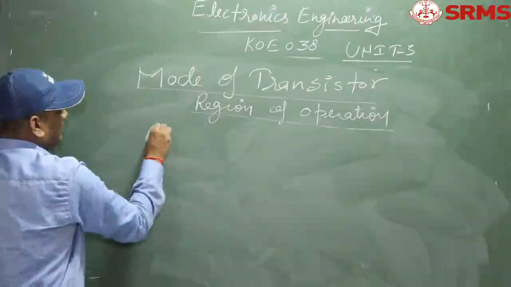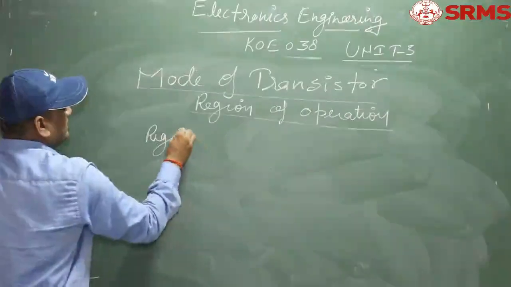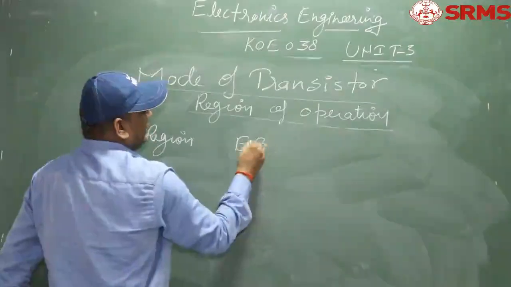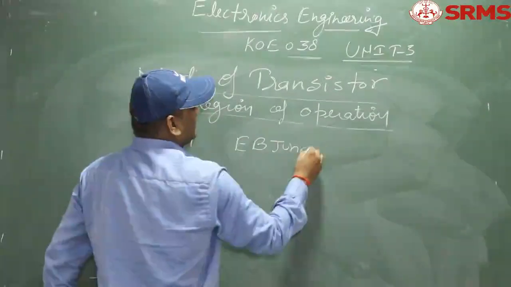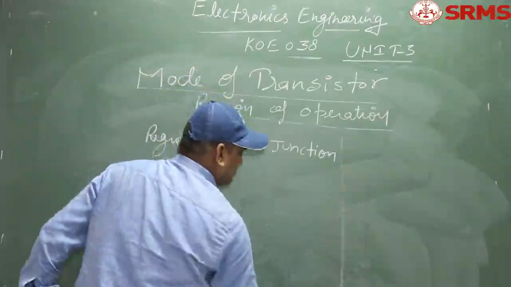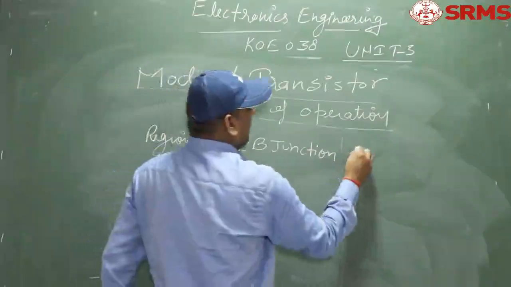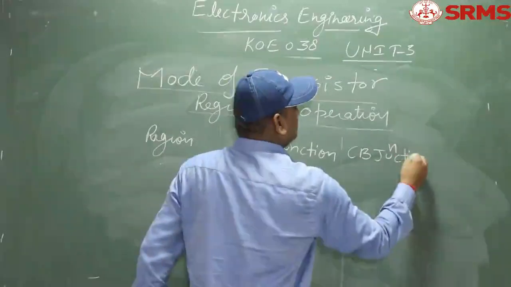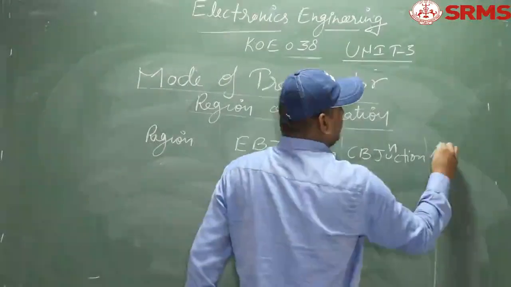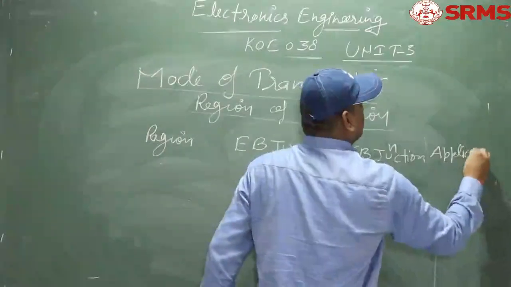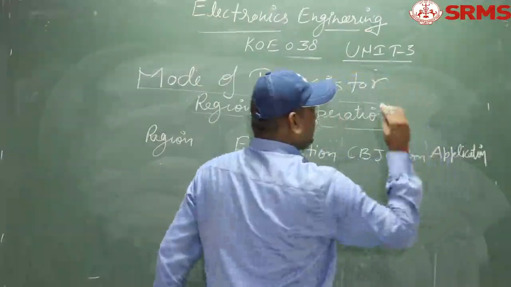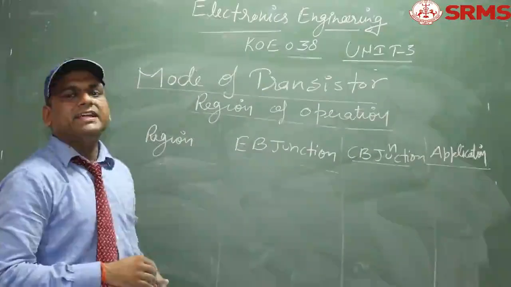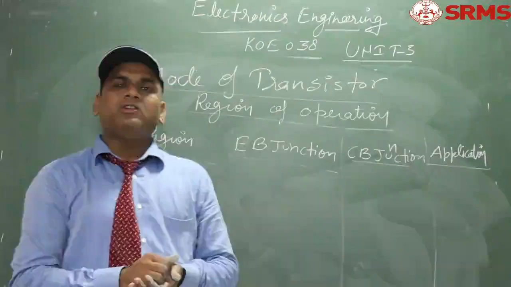So here we will write region, emitter-base junction, and collector-base junction, and here we have application. So basically we'll discuss the BJT, that means bipolar junction transistor.